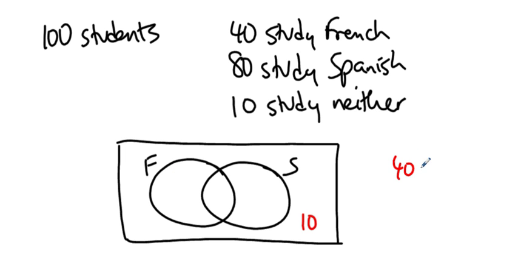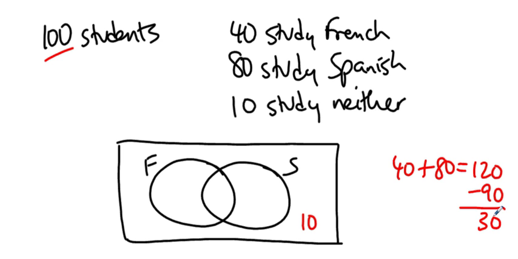So I've got 40 that study French and 80 that study Spanish. That's 120. Some of those 120 are people who got counted twice. How do I know who got counted twice? Well, I subtract out the 90 students that are left, and I get 30. And that 30 is the number of people who study both French and Spanish.